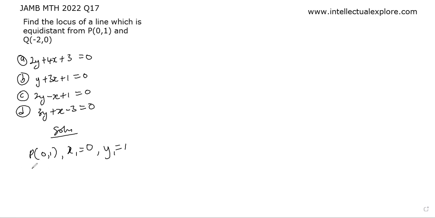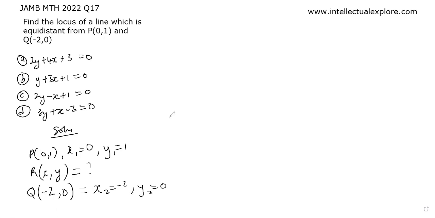Let's call that line R(x, y), in which we don't actually know the point. Then the next one is point Q, (-2, 0). So that means our x2 equals -2, while our y2 equals 0.